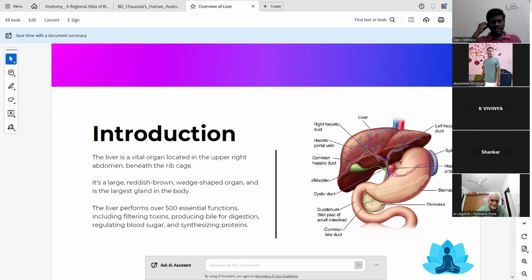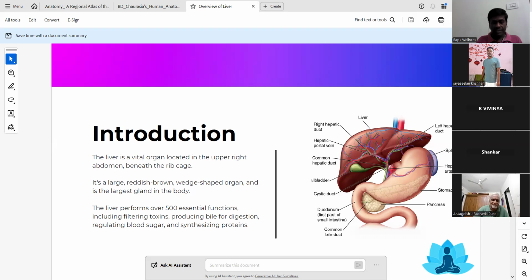So the liver is a vital organ which is located in the upper right abdomen beneath the rib cage. So right upper quadrant in the abdomen. It is the largest gland in your body, reddish brown in color, wedge shaped, and it does more than 500 essential functions.